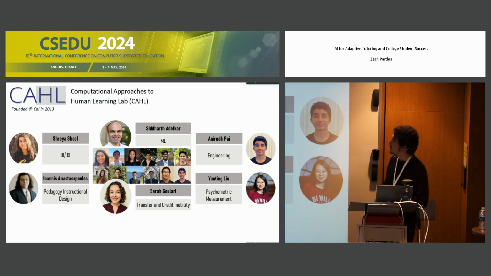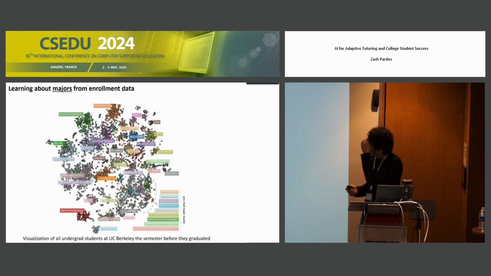They're all contributing to trying to get a big picture view of student success, both from the meso level of course selection and from the more micro level of skill building, mastery learning within a course. So that's how I'm going to try to tie these two subjects together. It's all about student success.